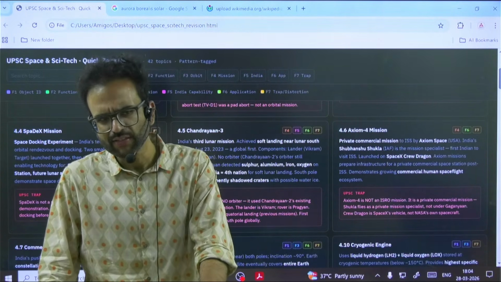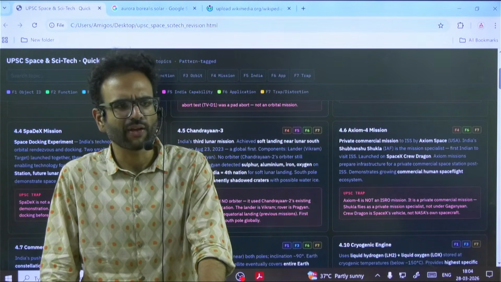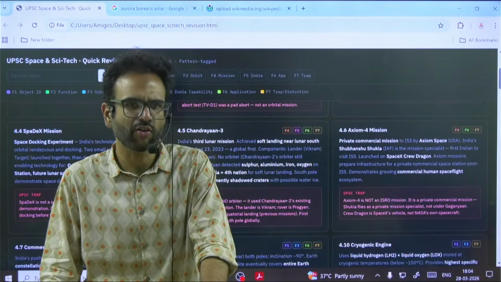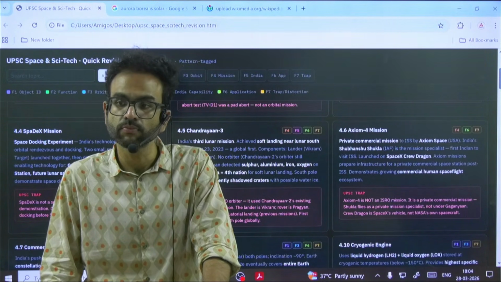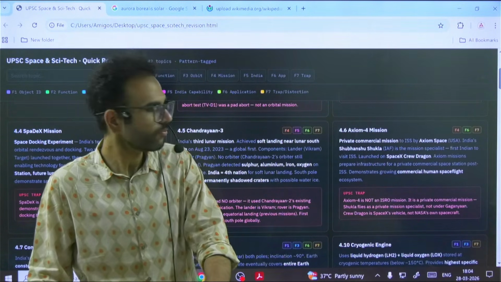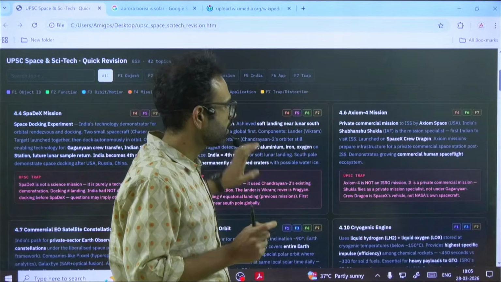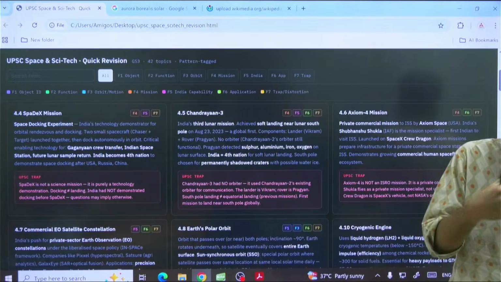How many of you know what is the International Space Station? It was under the collaboration of one country which decided not to prolong its collaboration. Any guess? Russia. Okay.